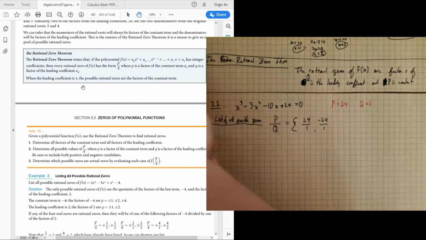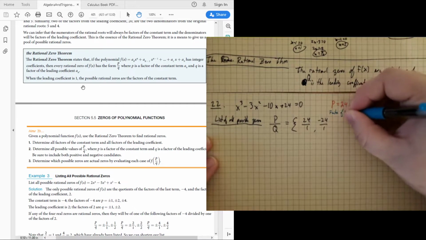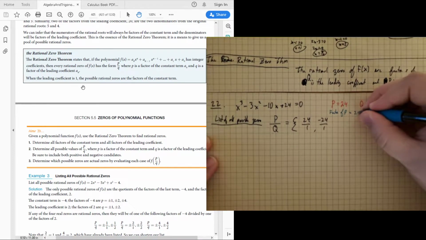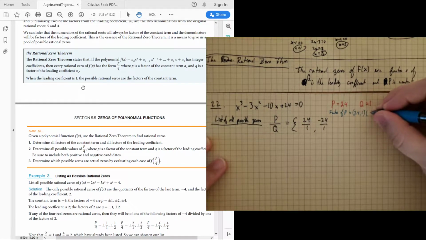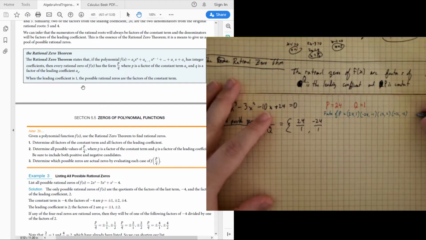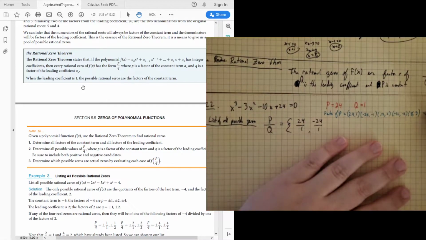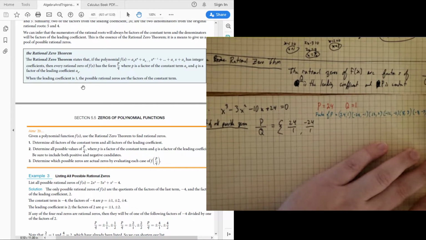This is because for p, the factors of p are 24 and 1, negative 24 and negative 1, 12 and 2, negative 12 and negative 2, 8 and 3, negative 8, negative 3, 6 and 4, negative 6, negative 4.